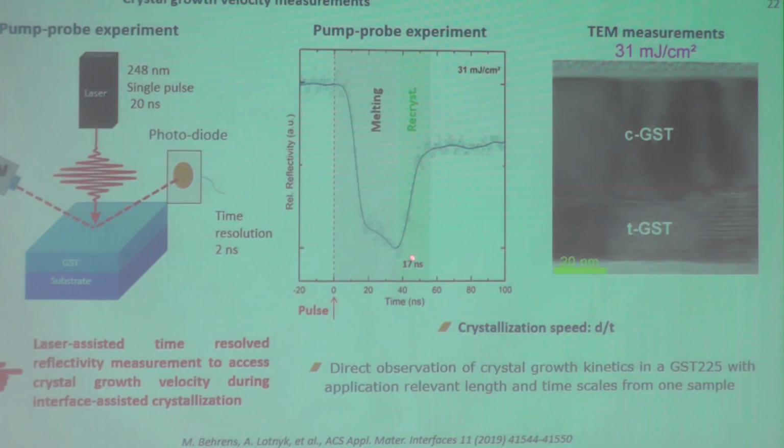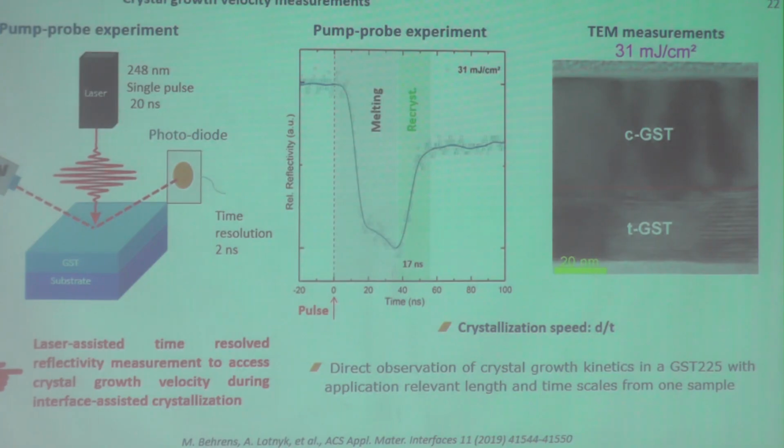So here we see the transformation to the amorphous state, and then after around 20 nanoseconds, we can see the recrystallization process, so the transformation from amorphous to crystalline state.